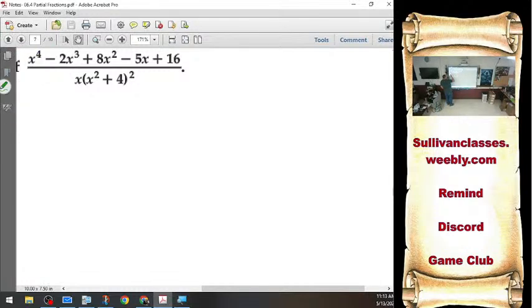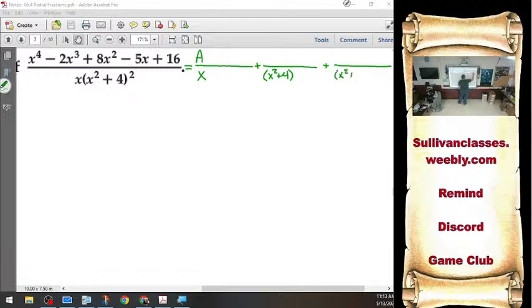So when I'm breaking this up, we know we're going to have x, plus something over x squared plus 4, and then it's repeated, something over x squared plus 4, the quantity squared.